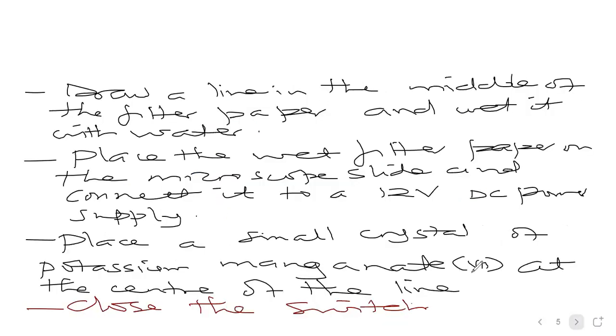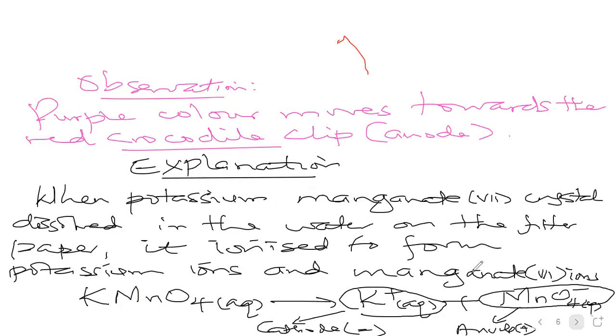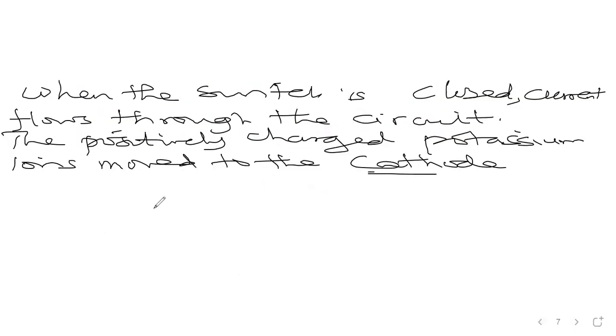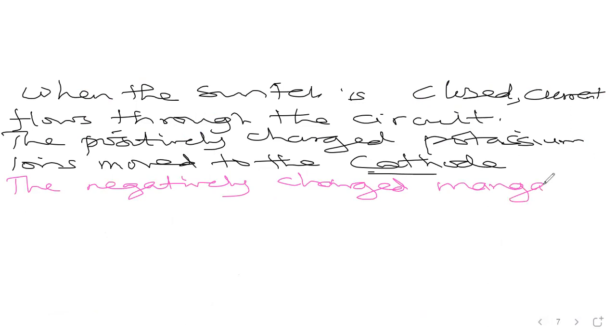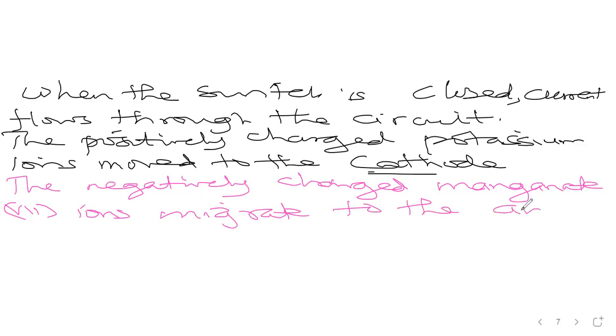So the negatively charged manganate 7 ions migrate to the anode.